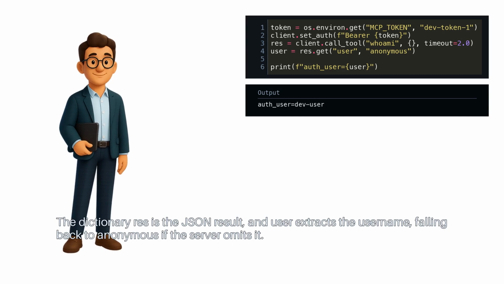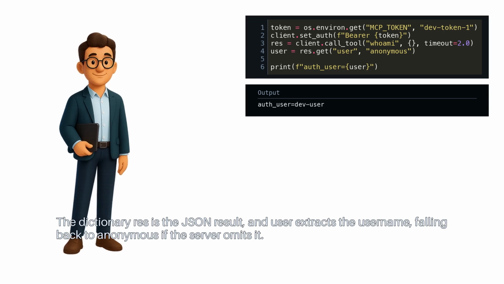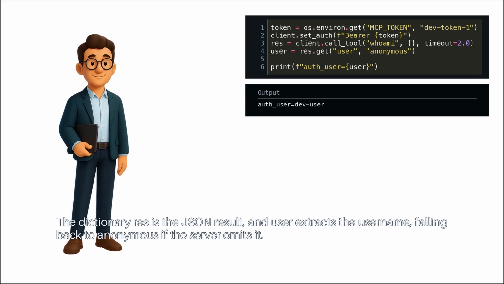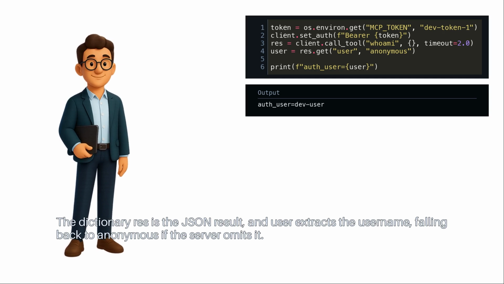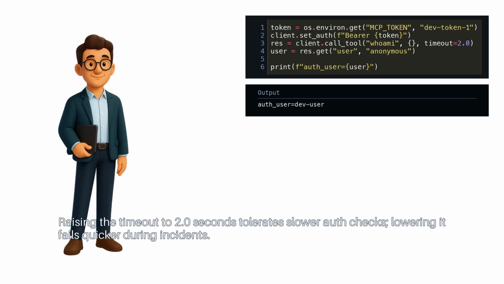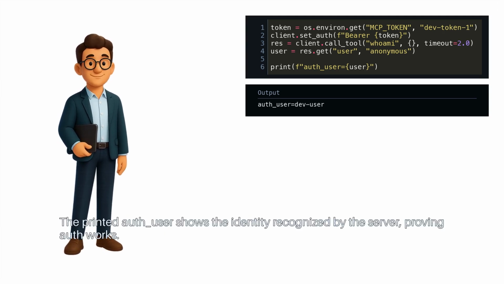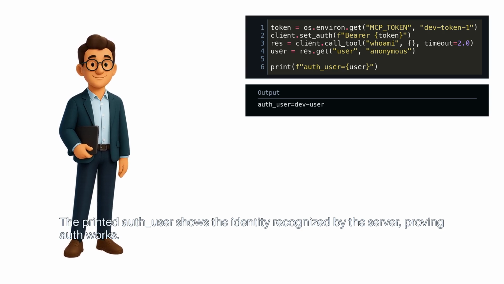The dictionary res is the JSON result, and user extracts the username, falling back to anonymous if the server omits it. Raising the timeout to 2.0 seconds tolerates slower auth checks. Lowering it fails quicker during incidents. The printed auth user shows the identity recognized by the server, proving auth works.